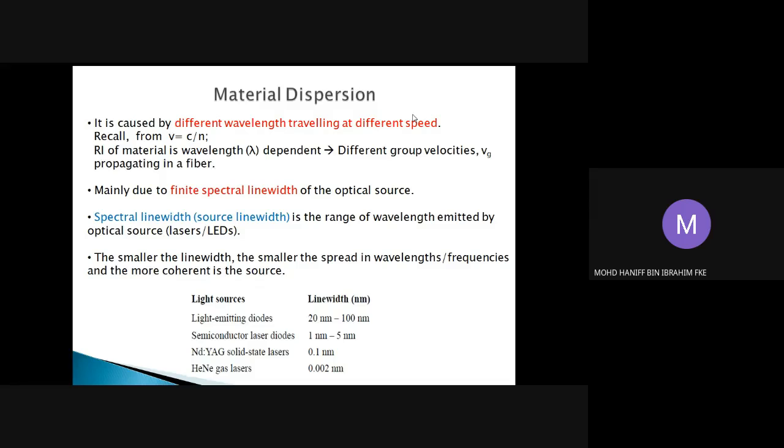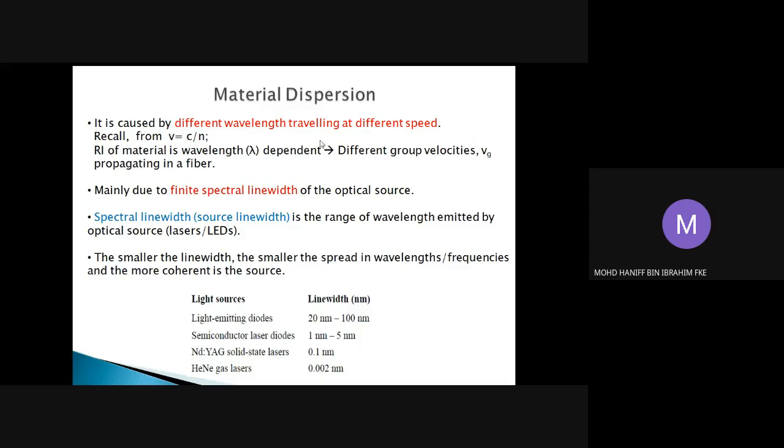We can relate these conditions and recall from this equation, where v is the speed of light in the optical fiber, c is the speed of light in vacuum or free space, and n is the refractive index. From this equation, we know that the refractive index of the material will depend on lambda, because different lambda will have different group velocities.